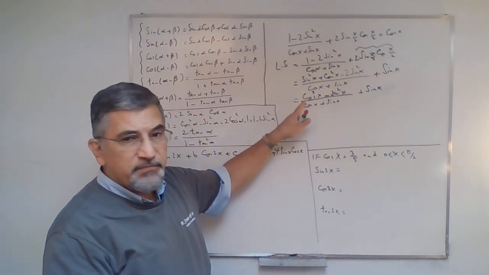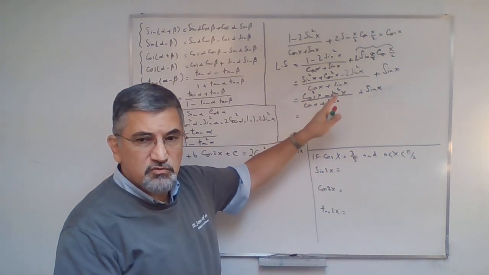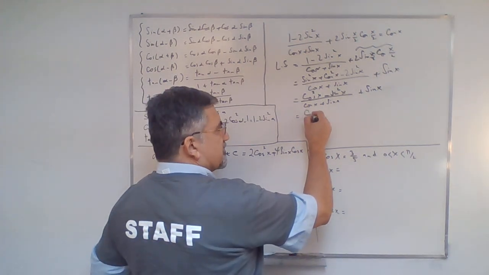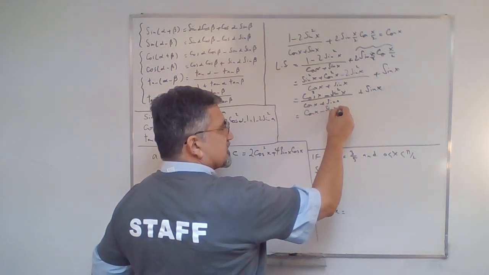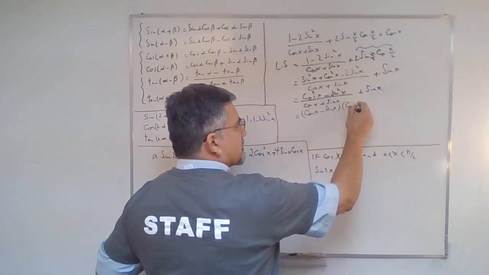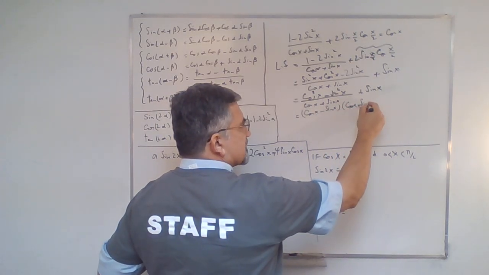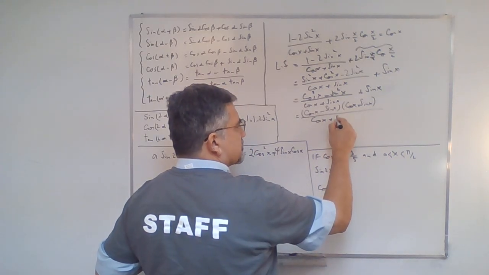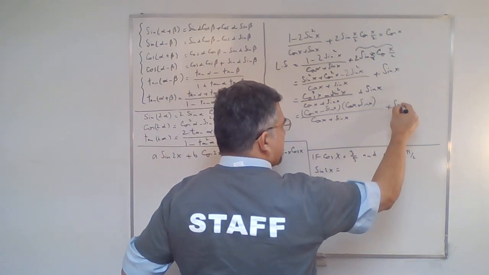So we do have a squared minus b squared, which is a minus b times a plus b. So the numerator can be factored as cos x minus sine x, and then times cos x plus sine x, okay? And in the denominator, we have cos x plus sine x.